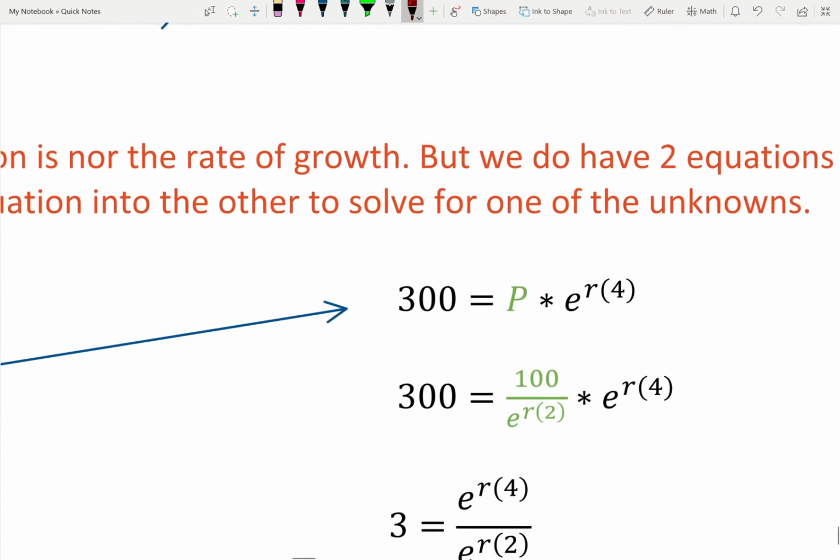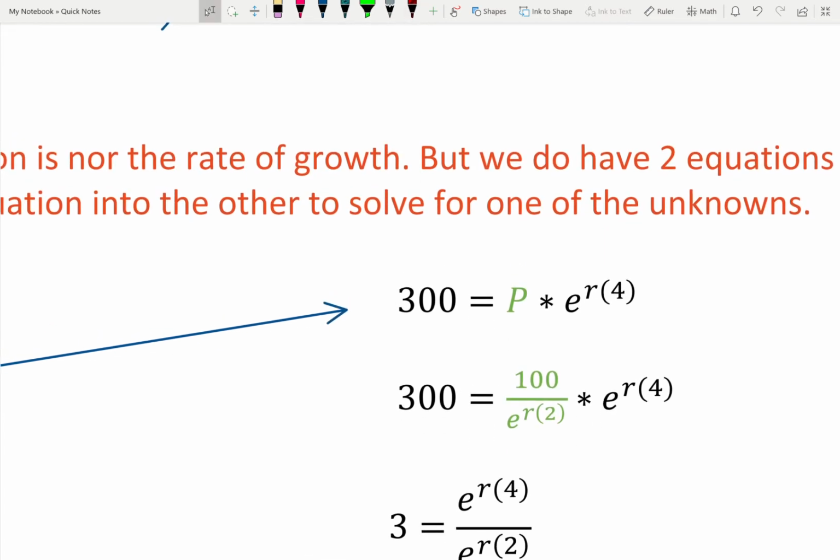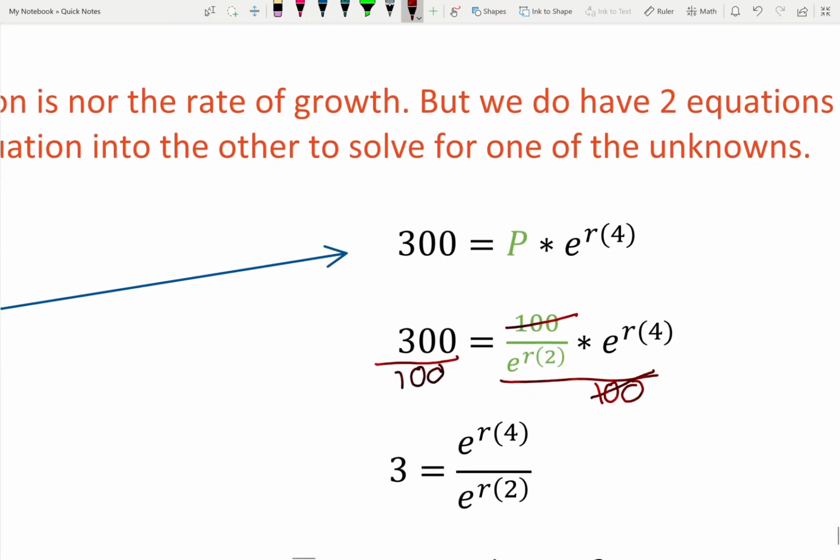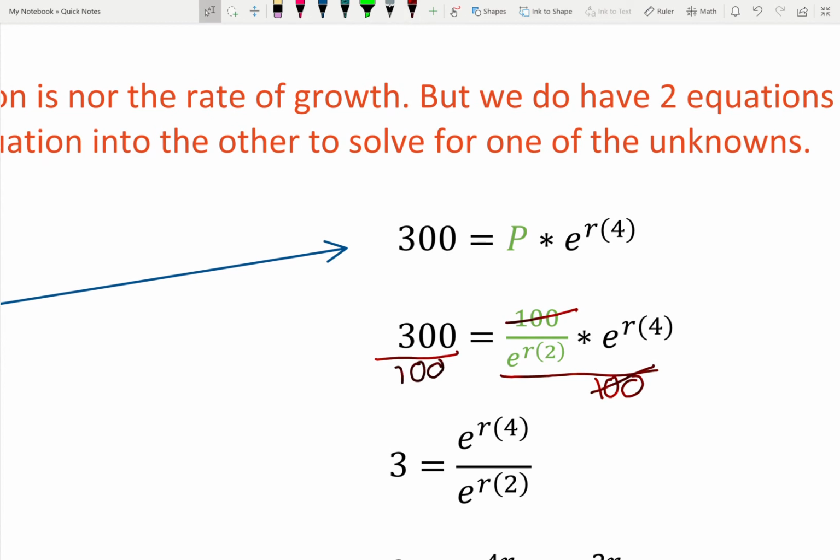So in the next step, I divided both sides by 100. So 300 divided by 100 is 3. And when I divide my right-hand side by 100, this 100 cancels out with this 100. So I'm just left with e to the 4r divided by e to the 2r.